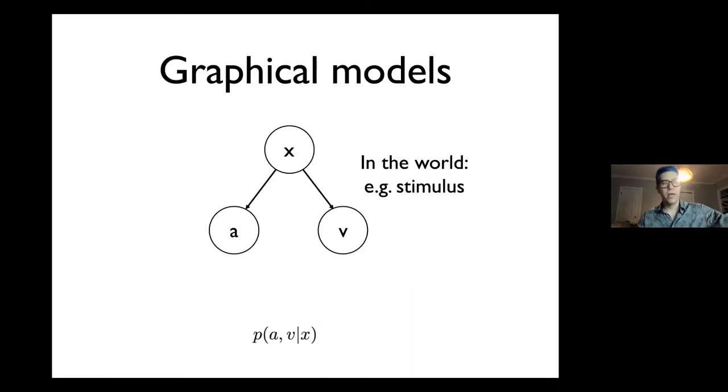And within Bayesian statistics, we often use so-called Bayesian models to denote that, where we can say we have a stimulus in the world, let's say X. That stimulus X affects the things that we see and hear. A would stand for audition, what we hear. V stands for vision, what we see.